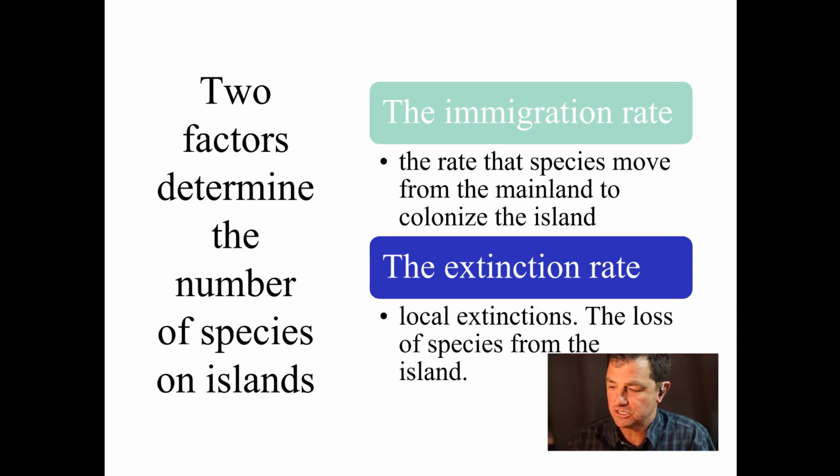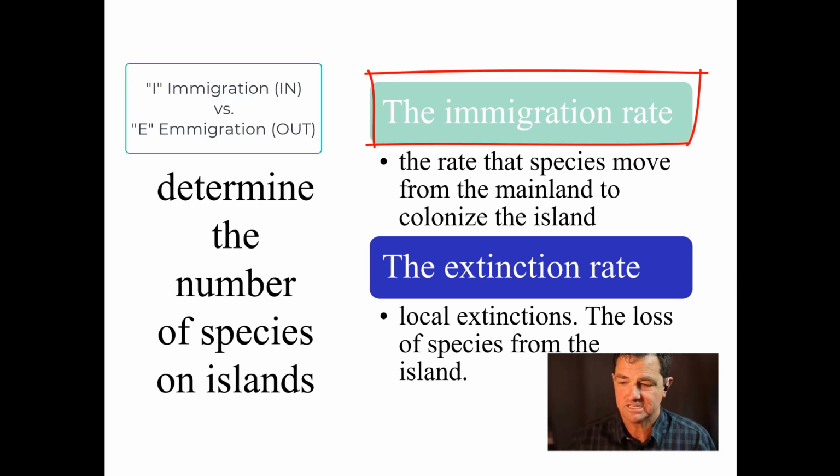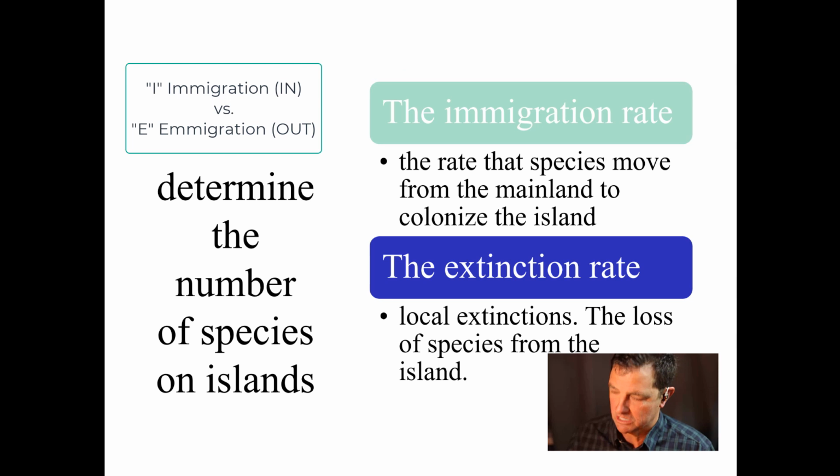And remember, there are two factors that help determine the number of species on an island, and one of those is the immigration rate, with an I. Immigration, remember, is the number or type of individuals coming into a habitat, whereas emigration with an E is the number of things leaving.